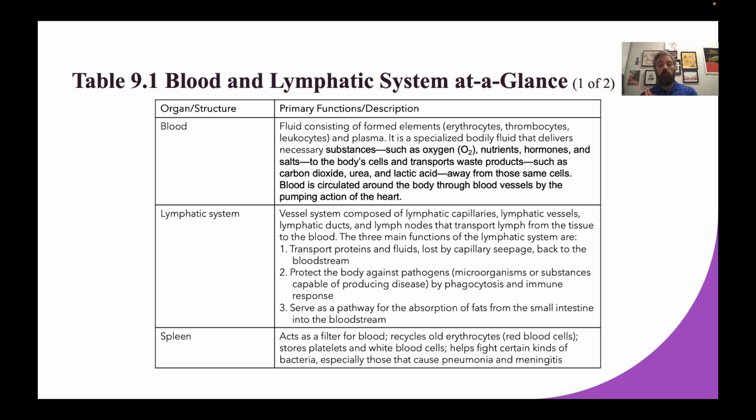They tend to transport proteins and fluids that are lost through leaking out of capillaries, putting them back into the blood. But more often than not, you'll see it as a way of talking about the immune system, because most of the immune system lives in the lymphatic system. So they overlap a fair amount, especially within those lymph nodes.